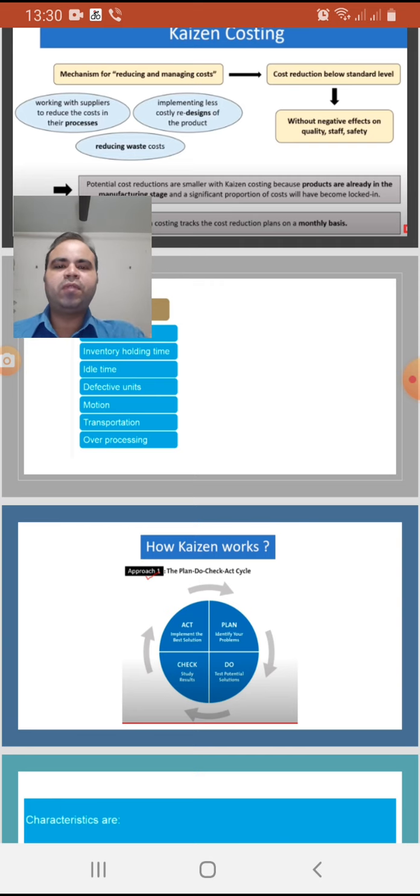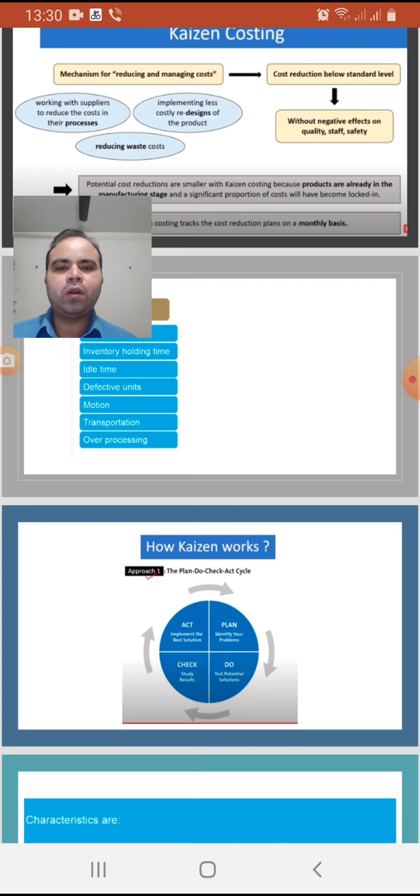Motion means free flow of the motion. The factory layout should be in a way so that the motion is free flowing and it will reduce waste. Transportation within the factory should be smooth. So there we need to redesign the factory layout in a way that it doesn't cost more to transport goods within the facility.